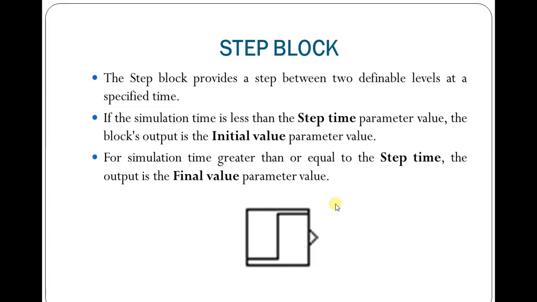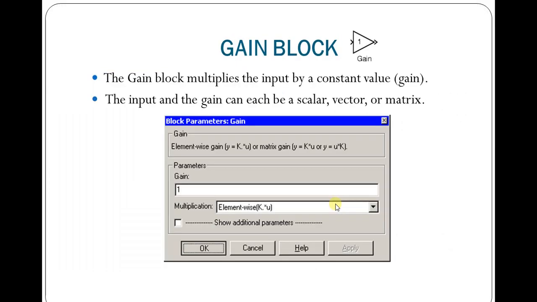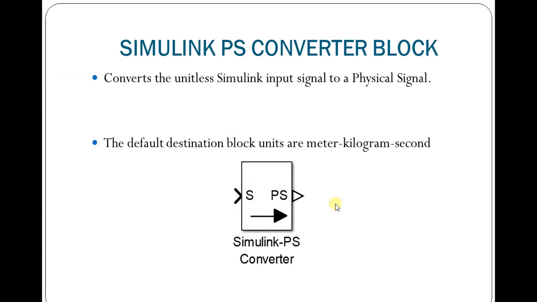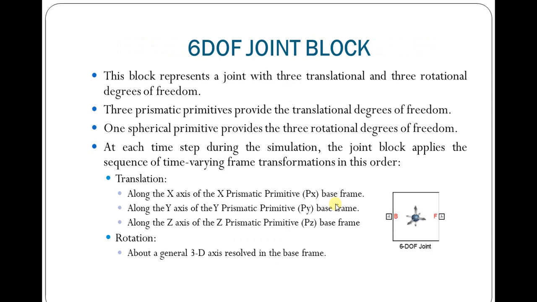So we have used step block, gain block, Simulink PS converter block, and 6 degree of freedom joint block. And we have also seen a real-time example which is developed by MathWorks. So if you are having any doubts, you are free to ask.